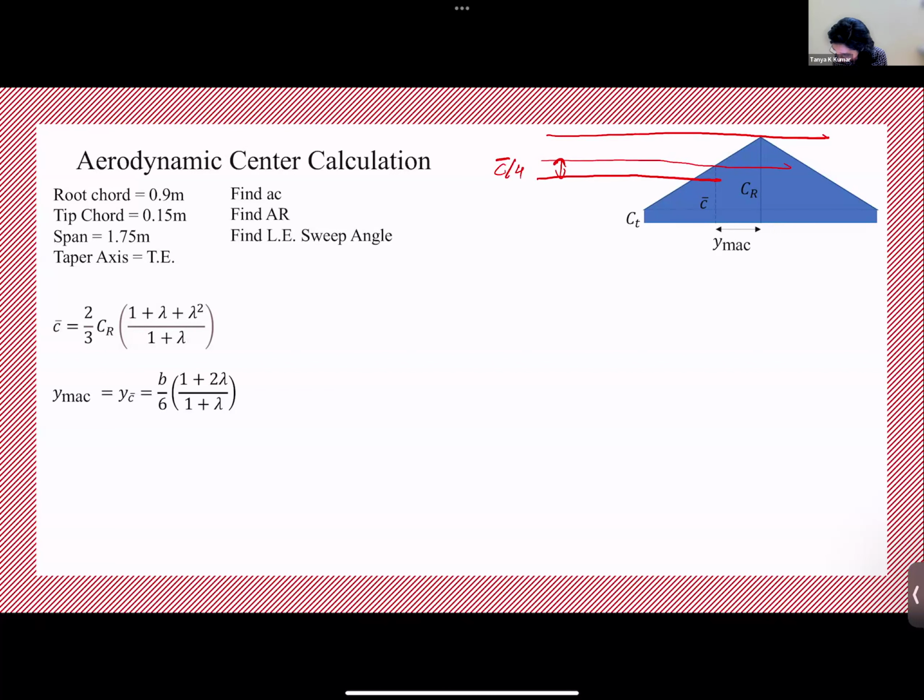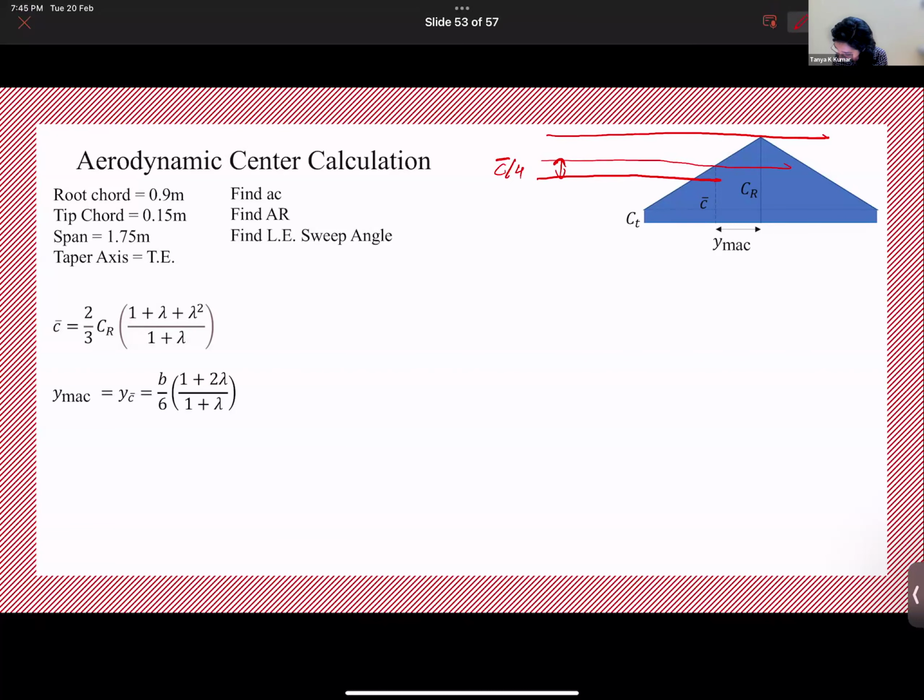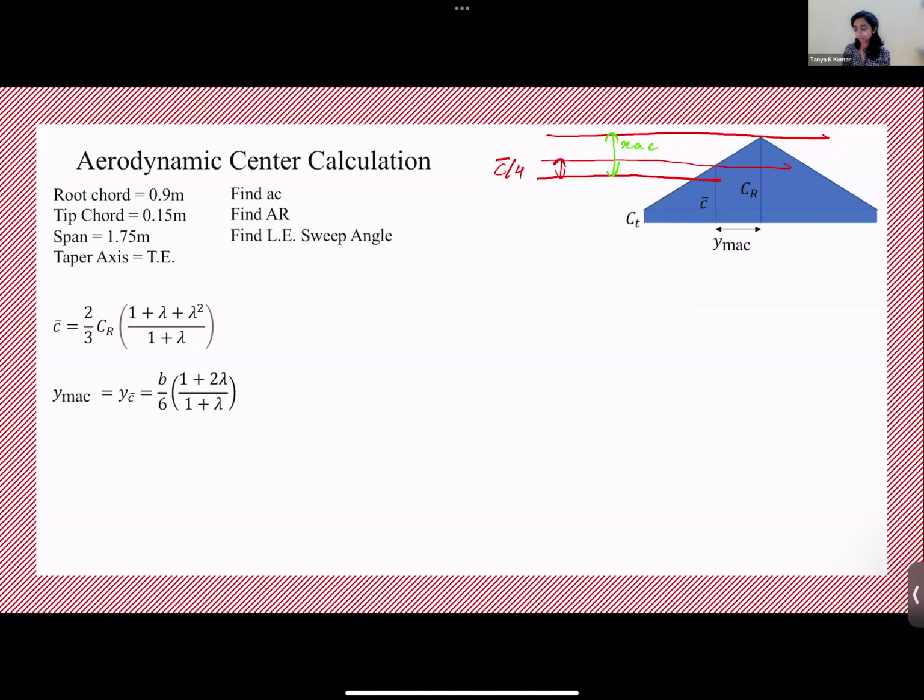And okay, let me take another color. This is XAC. That's what we need to find out. Let's try doing this, and then we'll do it together. Just take a few minutes.